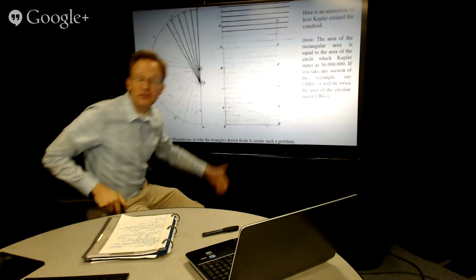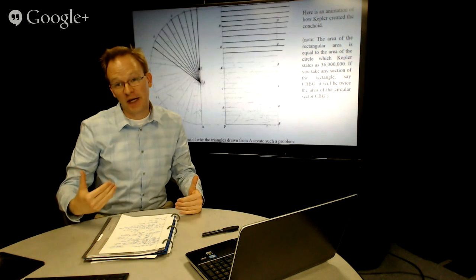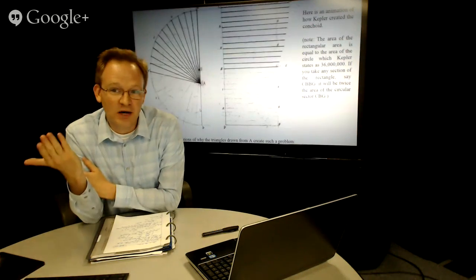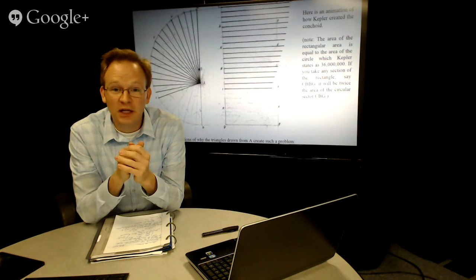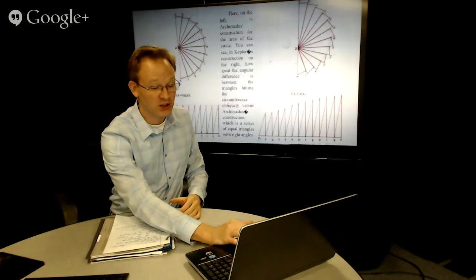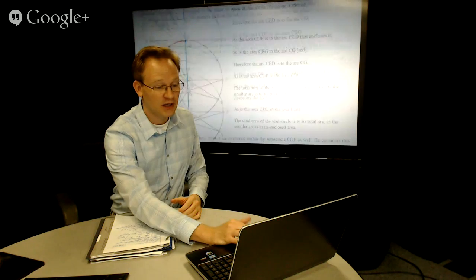Then the area of the conchoid would be the sum of those distances of the planet from the sun. The thing is, he can't figure out what the size of that conchoid is. He can't calculate its area, and he uses an approximation, although he's not happy with it and doesn't think that it's true.